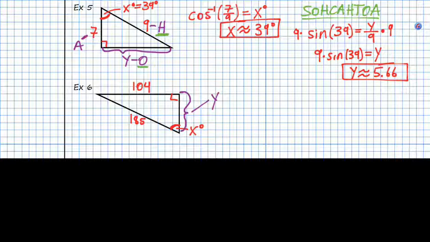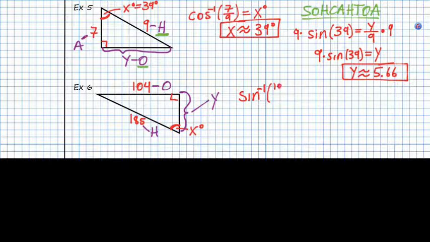It looks like x is right there, and so I'm going to identify my sides. I have an opposite side here, and I have a hypotenuse here. So, opposite, hypotenuse, that tells me I'm going to use my inverse sine function. My input is going to be opposite over hypotenuse.